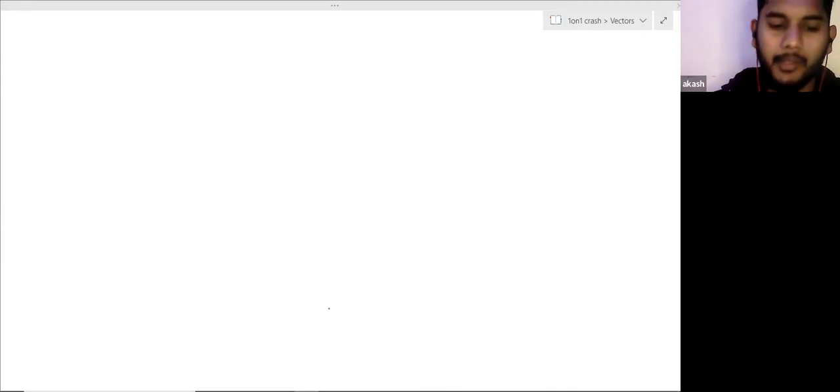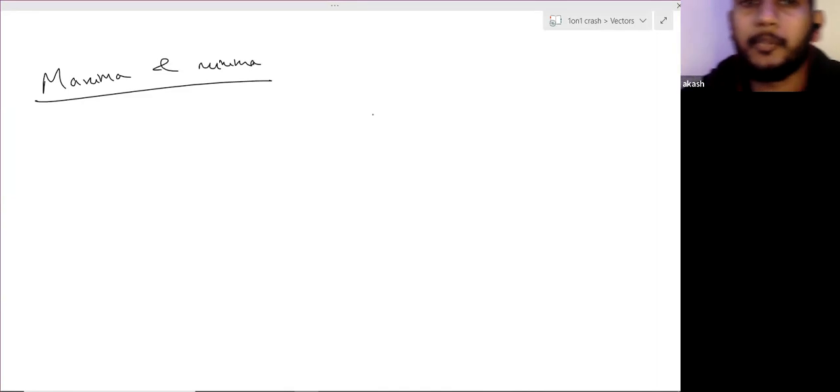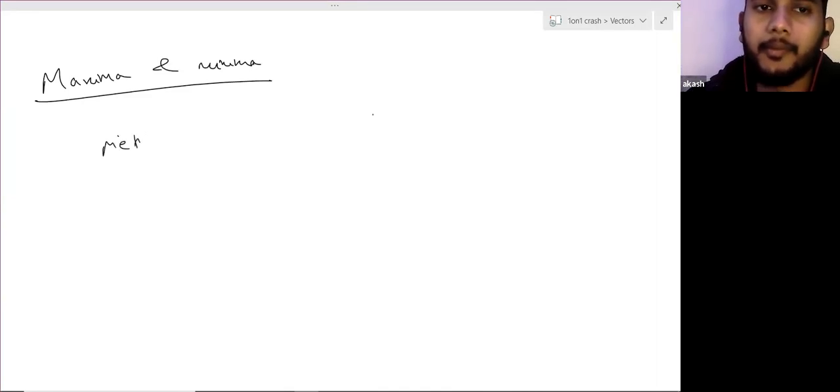All right, so you need to understand this. Maximum and minimum. There are two ways to check maxima and minima of a function. First derivative test, that's method one.